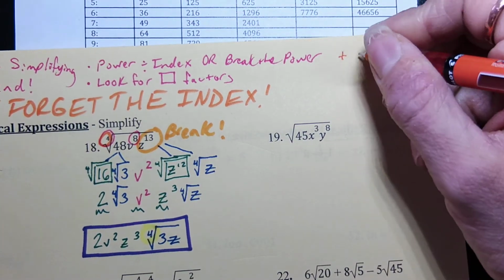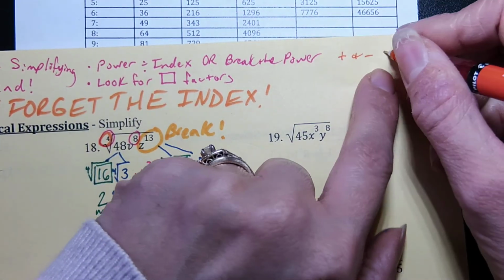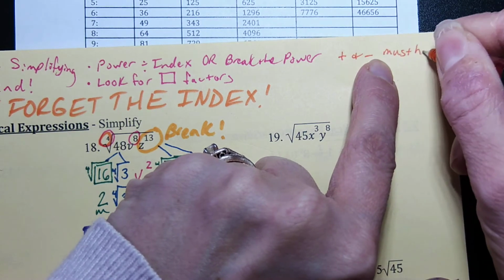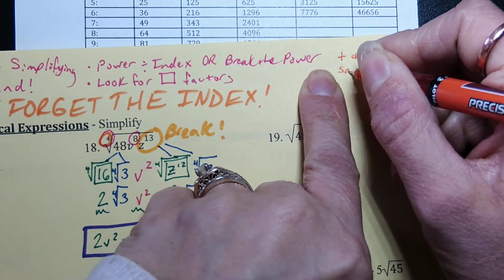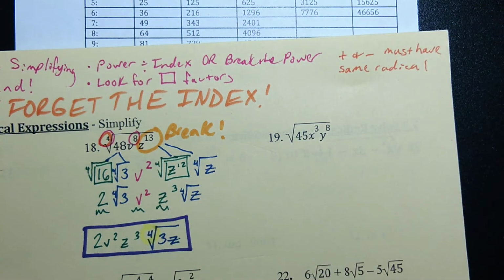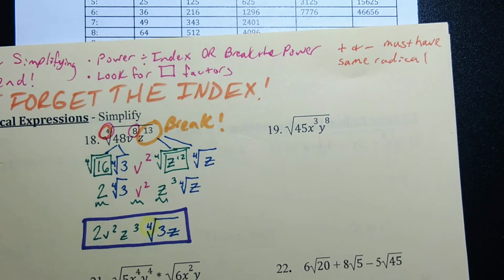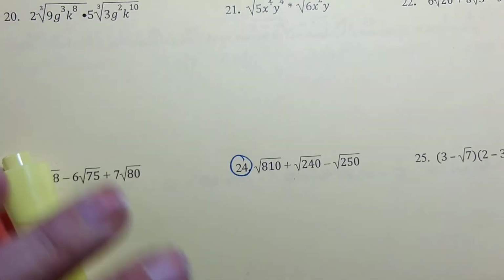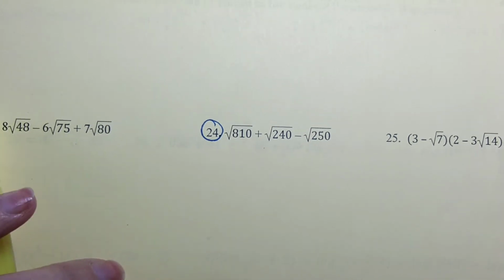For adding and subtracting, must have the same radical. So if you're looking at number 24 going, well, none of those radicals are the same, Mr. Cairo, so I guess we can't add and subtract them. What must we do first? We need to simplify those individual radicals first to see if we can make them have the same radical stuff.